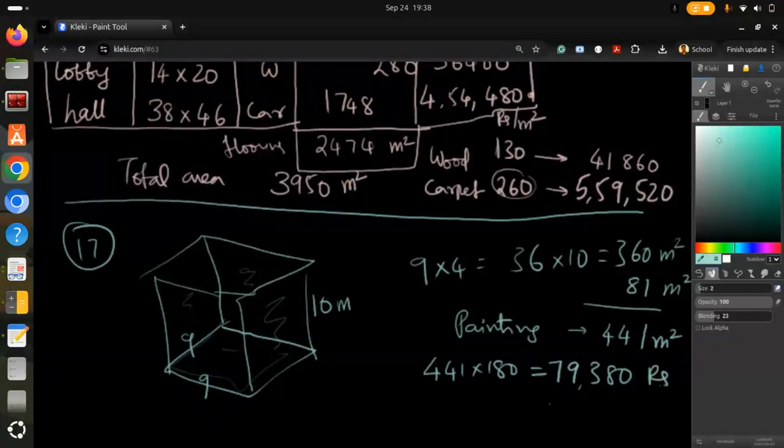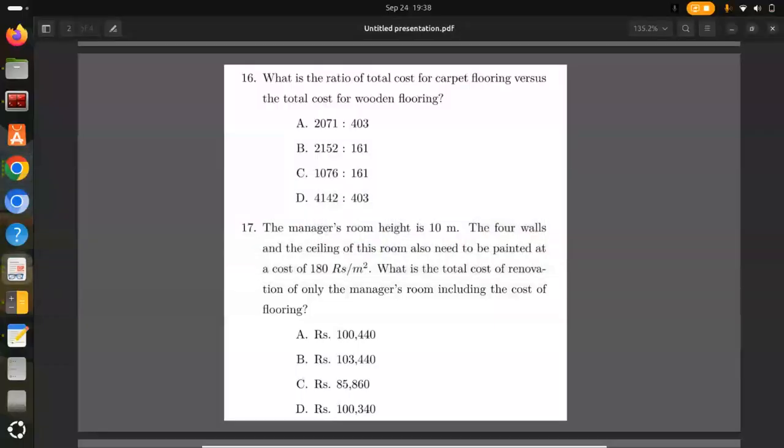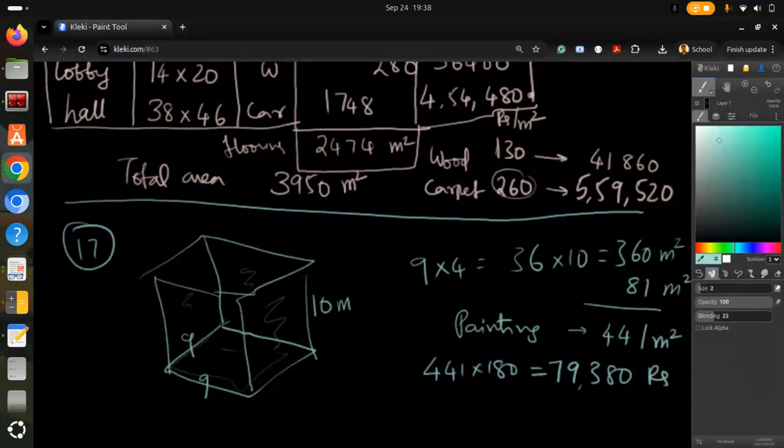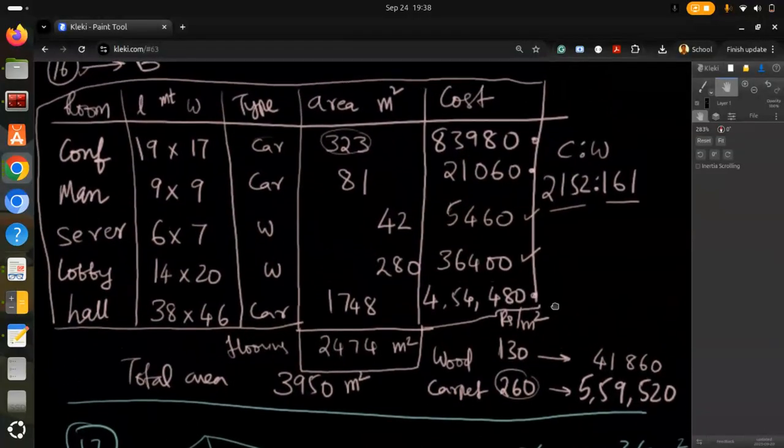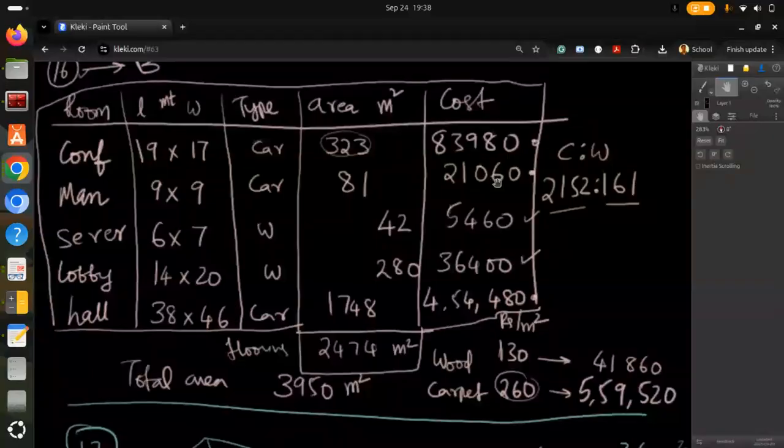So anyway, now I got this, but what exactly is asked in the question? The question is asking what is the total cost of renovation of only the manager's room, including the cost of flooring. So this is the cost of painting. And what about the cost of flooring? If I go down, the cost of flooring is 21,060.